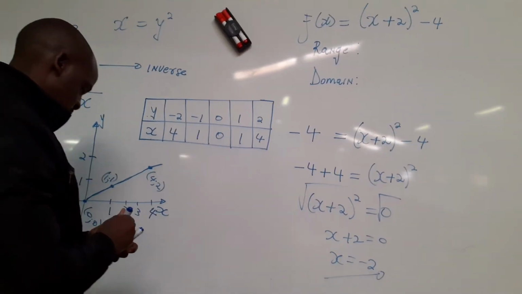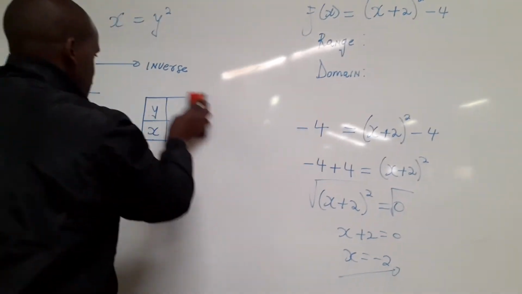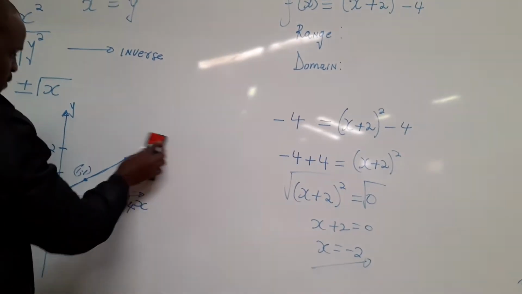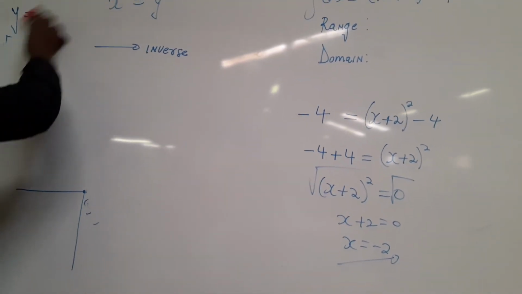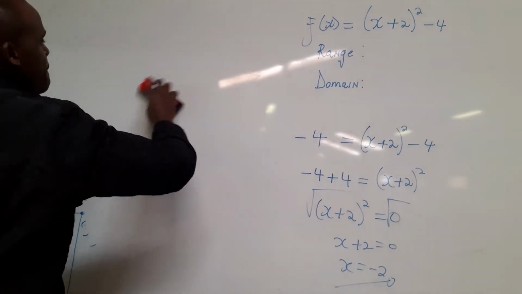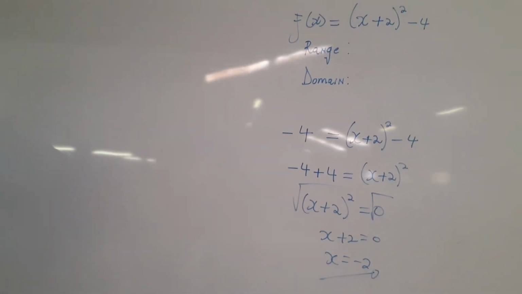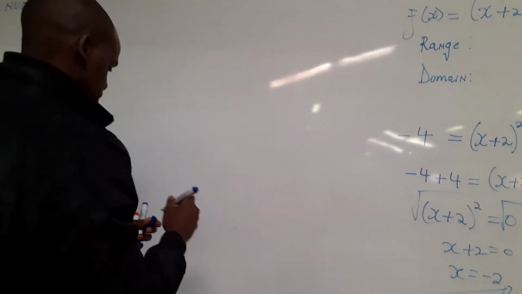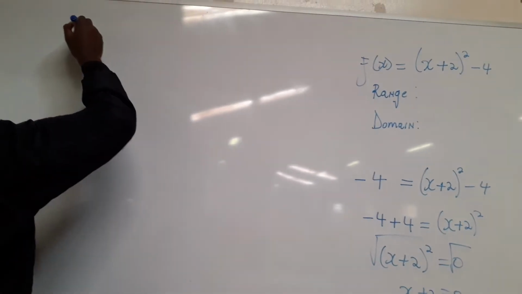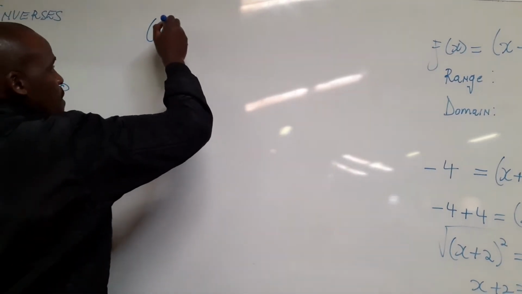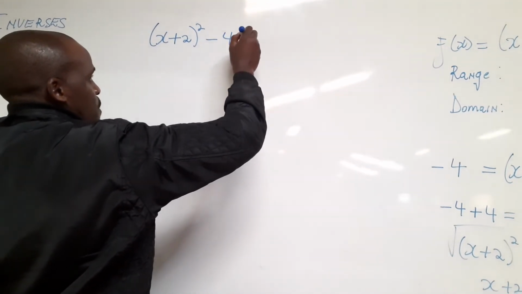Now, I want us to put a value that will be less than negative 4. Let's take that equation, it's x plus 2 all squared minus 4.